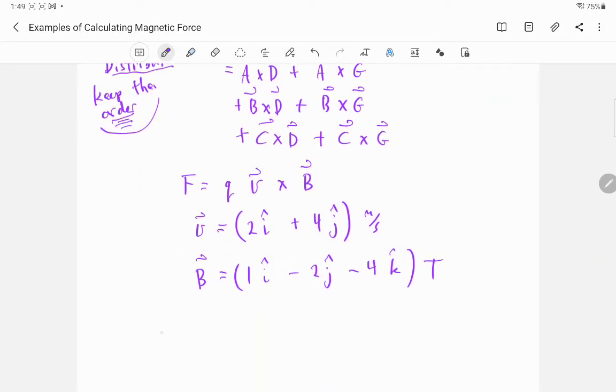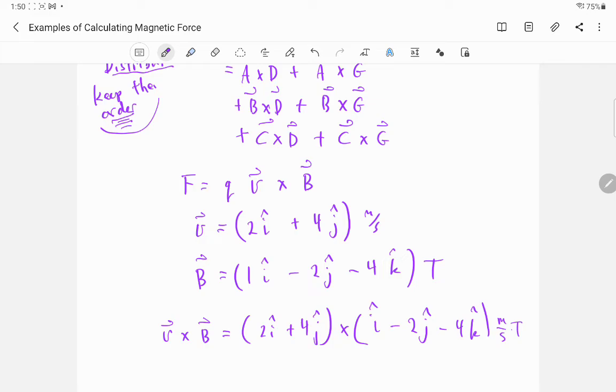So for example, V cross B is equal to 2 i hat plus 4 j hat, vector cross product. Actually, let me make that a little clearer. With i hat minus 2 j hat minus 4 k hat, right? And it's meters per second times Tesla.